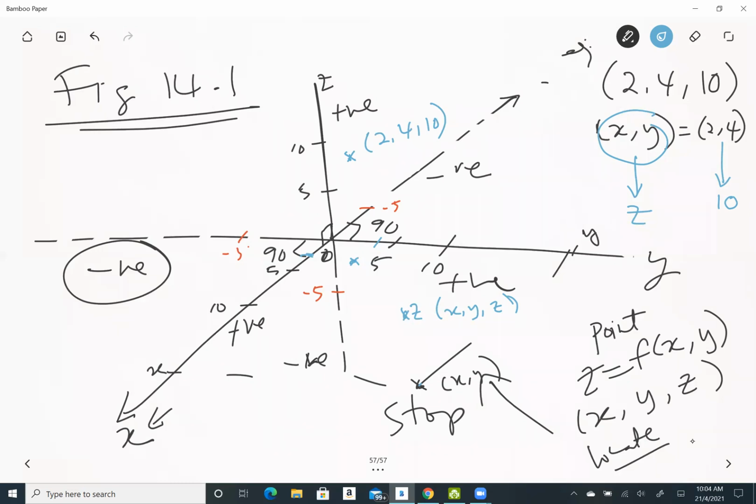Okay, if you draw the graph, I would like you to find, just locate one point. Example, I give you another point. So locate 10, 10, negative 5.